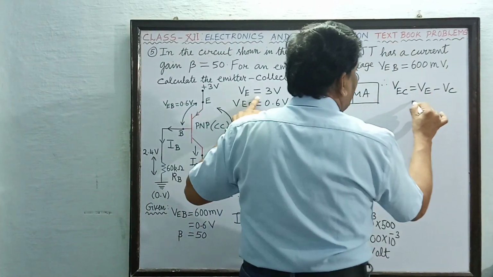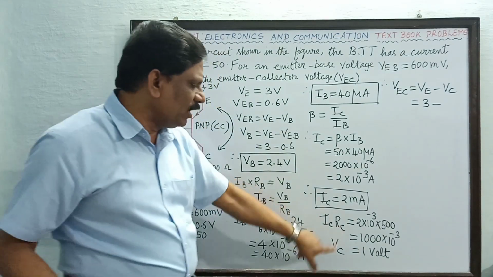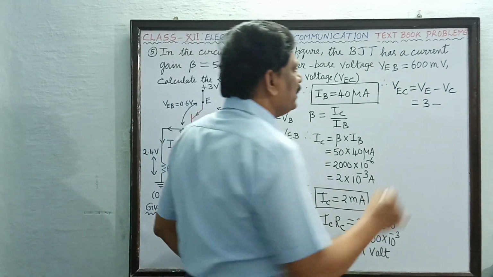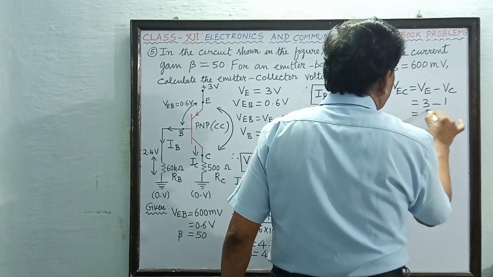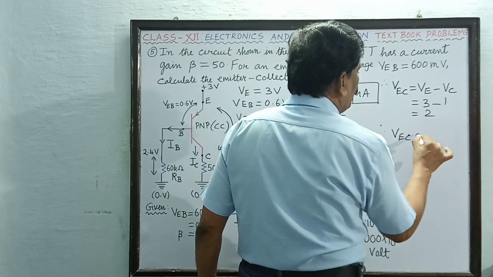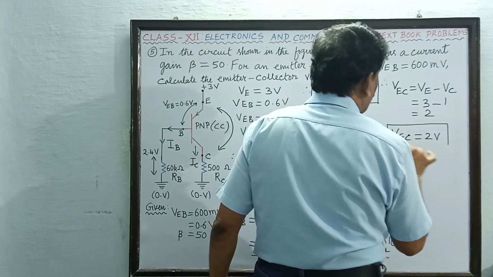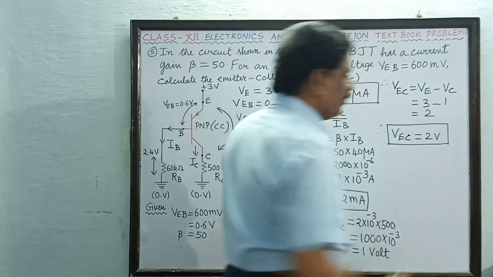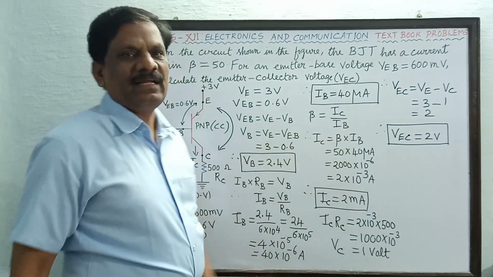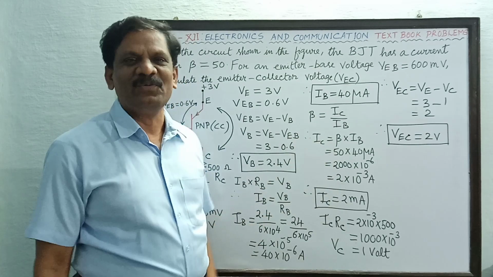So this is equal to 3 volt minus VC, which is IC into RC, that is 1 volt. So this is equal to 2. Therefore, the final answer is emitter to collector voltage is equal to 2 volt. So this is the fourth step in our problem. This is the correct answer given in our textbook. Understand, children? I hope you must have understood well. Fine.